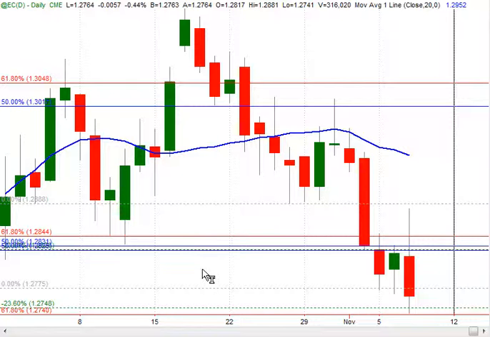I want to make you notice though that price equally got to the 127.50 target, even though this stop loss was violated. Anyway, I was stopped out from this trade.